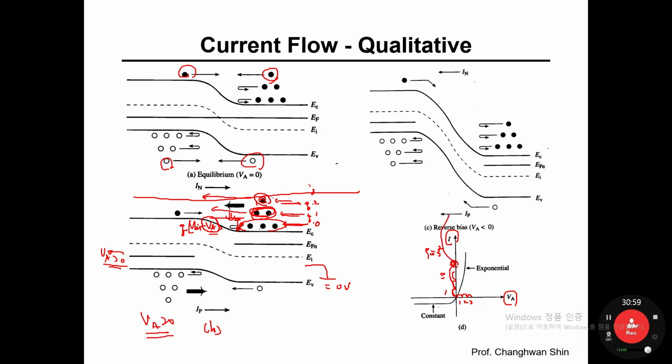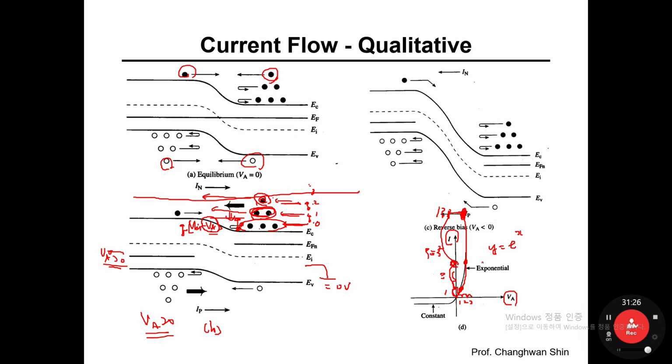So you're going to see the current level is here, 13, this point and that point. By connecting those data points, you're going to see that the current-voltage curve follows y equals exponential x.